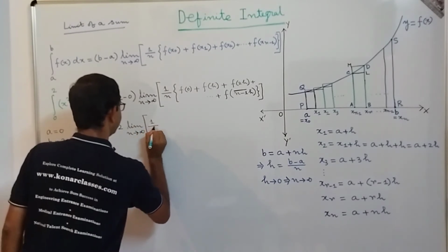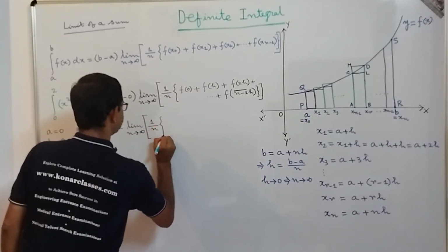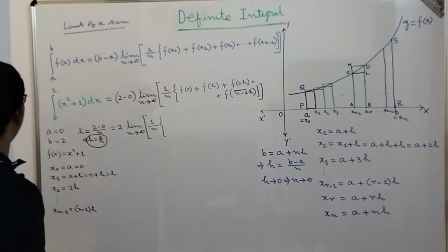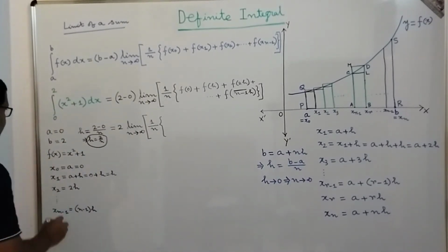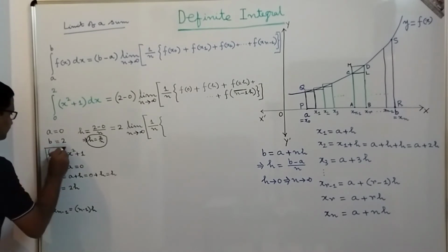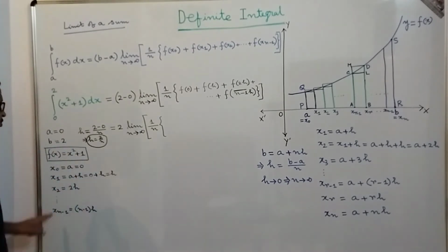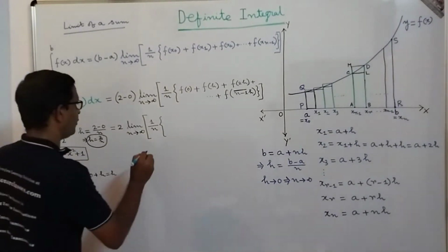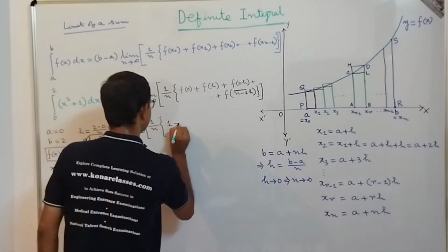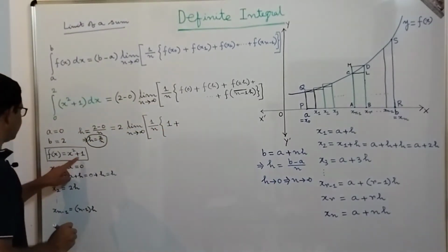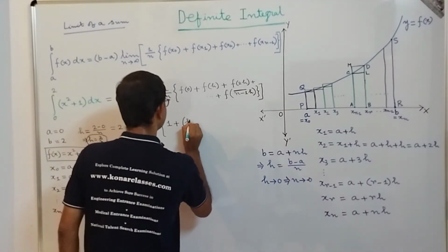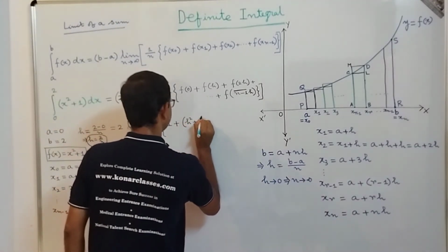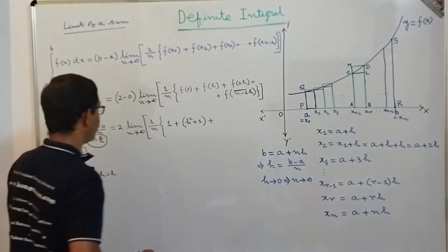So 1 by n. Now let's see what is the value of f(0). What is f(x)? f(x) is equal to x square plus 1, correct? So what is the value of f(0)? f(0) should be equal to 1, plus, what is f(h)? It should be h square plus 1, plus, what is f of 2h?